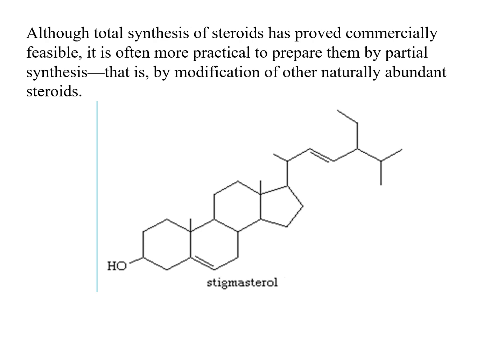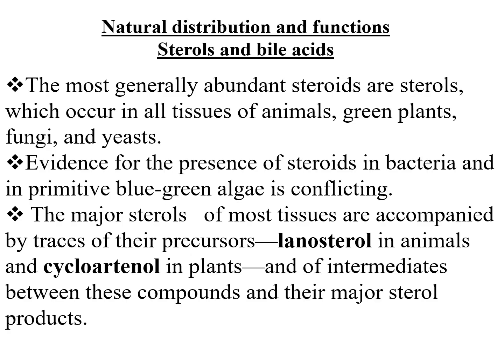So this is the structure of stigmasterol, which has OH at the third carbon position. Next, the natural distribution, the function of sterols and the bile acids. The most generally abundant steroids are sterols, which occur in all tissues of animals, green plants, fungi, and yeasts.